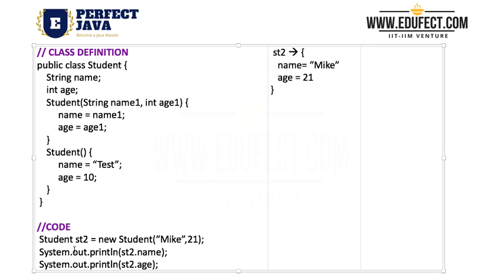When we say System.out.println st2.name, what will get printed is Mike, and when we say System.out.println st2.age, what will get printed is 21.